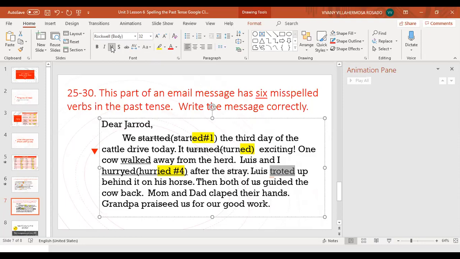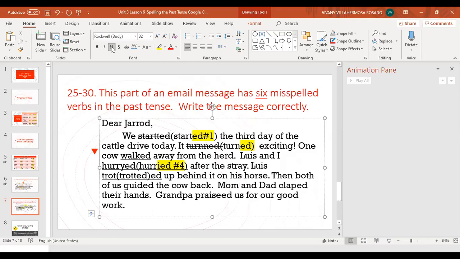I think jogging would be a synonym for trotted. And horses trot. So the base verb for trotted is trot. We look at the word and we realize that this is a single vowel verb and that it ends with vowel consonant. So we double the last consonant and then we add ed.